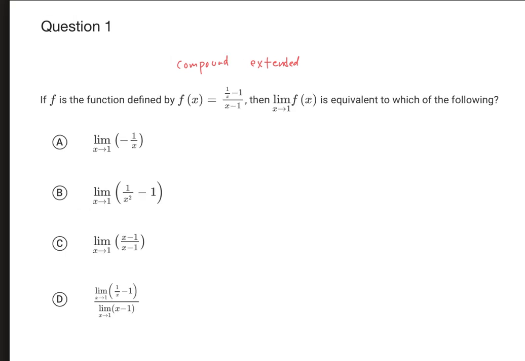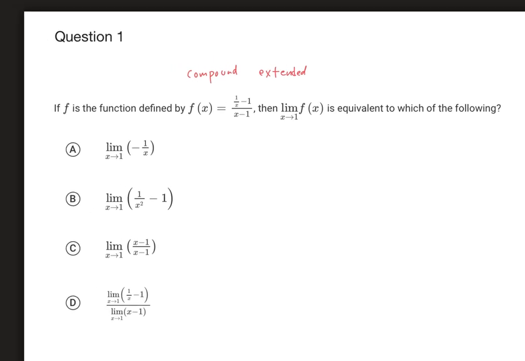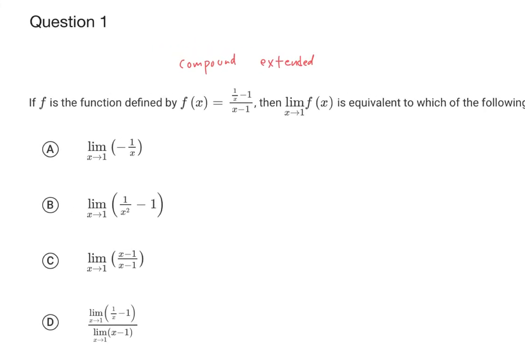So they say the limit as x approaches 1 is equivalent to which of the following? Basically, they're just taking the limit as x approaches 1 of a different form of this. The only exception is d, but we can eliminate d because if you're taking the limit of a fraction, you can distribute the limit to the top and bottom, which is what they did in d.